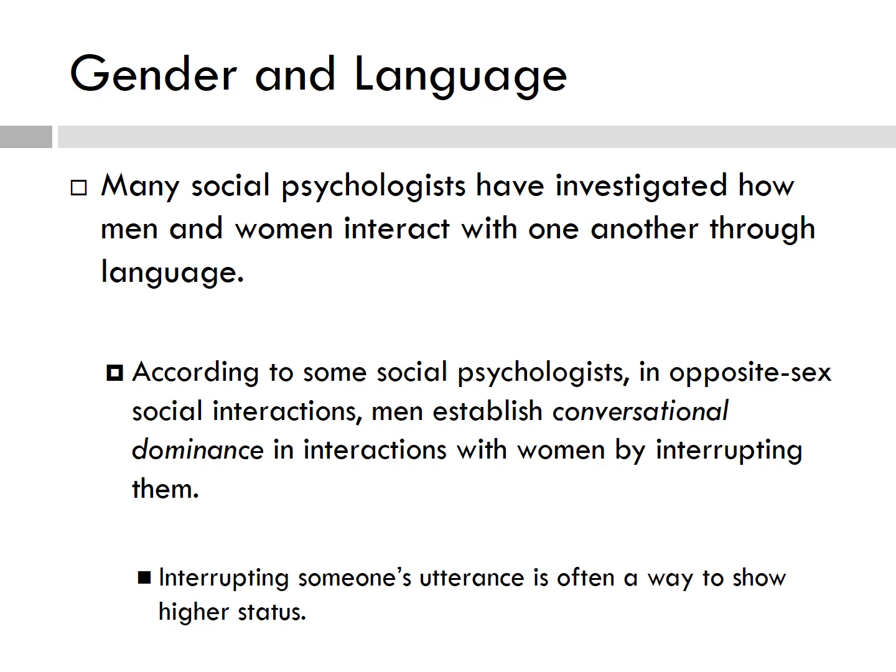As you just learned, interrupting someone while they are talking is often a way to show higher status. Social psychologists do find that men interrupt women more often, but in same-sex pairs, interruptions of speech are equally distributed amongst conversational partners.